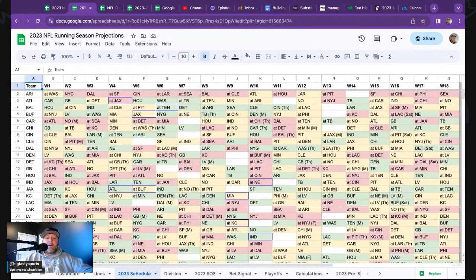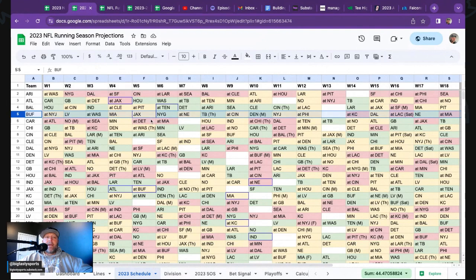You can see that there are 3 different colors on here. If I highlight Buffalo row 5, you can see there's either green, there's yellow, and there's red. Here's what that means for me: green is I give the team over a 60% chance to win that game. So I think it is likely that they will win.